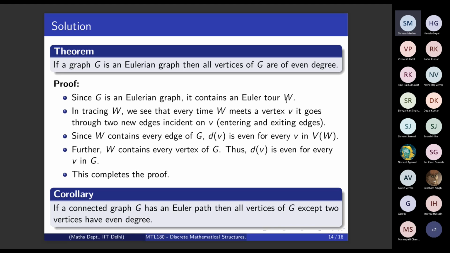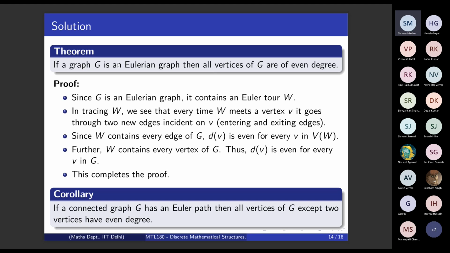That means you have a closed walk which contains each edge exactly once, and vertices can be repeated. Better to write here that it is a connected graph. So we will mention it is a connected graph.